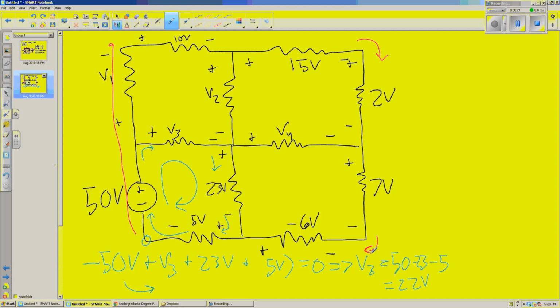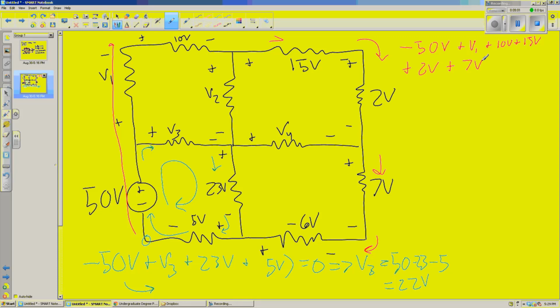Again, we'll start at the source, so we can write negative 50 volts. Then we come up through the outside, plus V1, to the 10 volt drop on that resistor, plus 10 volts, over here, plus 15 volts. I'm going to run out of room, so let me drop down here. Round the corner, plus 2 volts, down to the 7, plus 7 volts, around the corner again.